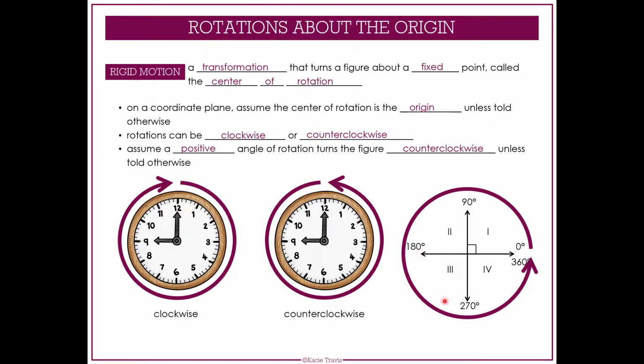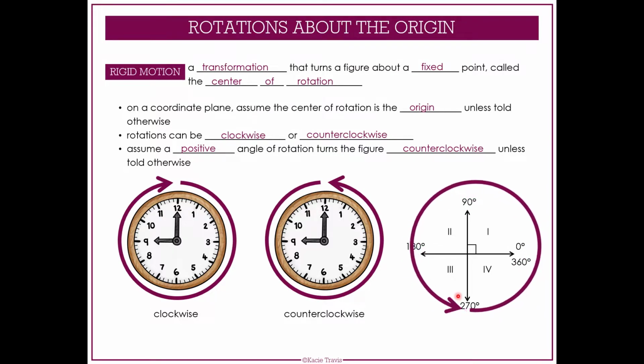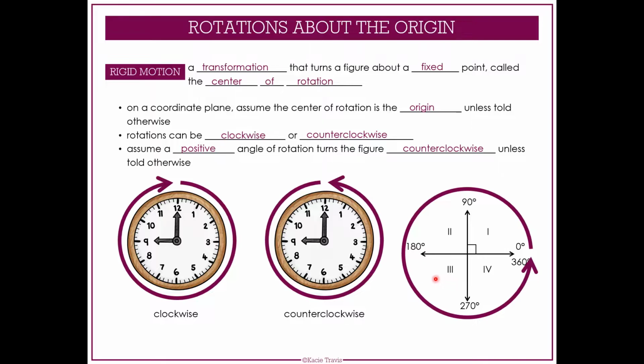We have 0 right on the positive side of the x-axis, 90 on the positive side of the y-axis, 180 on the negative side of the x-axis, and 270 on the negative side of the y-axis. And then that brings us full circle to 360 degrees, lining up where 0 degrees is.